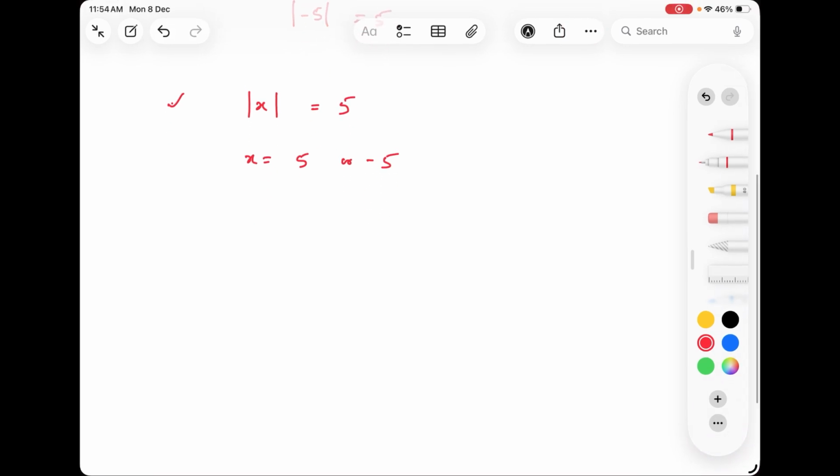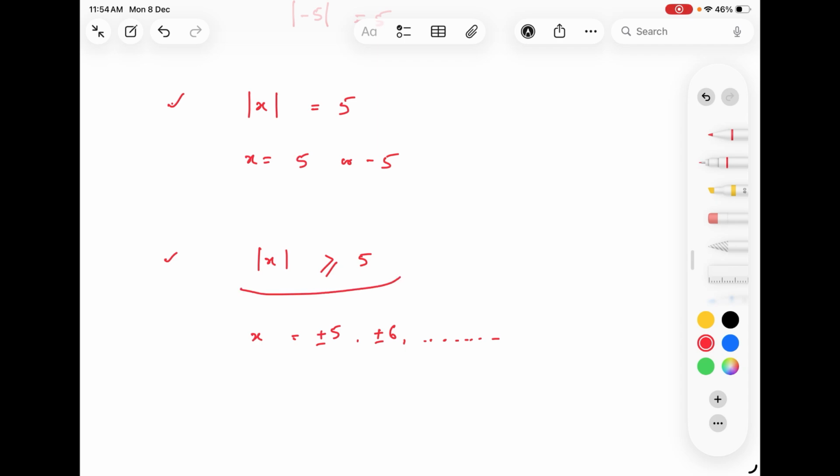Also, if I say that absolute value of x is greater than or equal to 5, it means either x can be 5 onwards, 5, 5.1, 5.2, say 6 onwards, or it can be negative 5, negative 6 onwards, and all the numbers in between them.